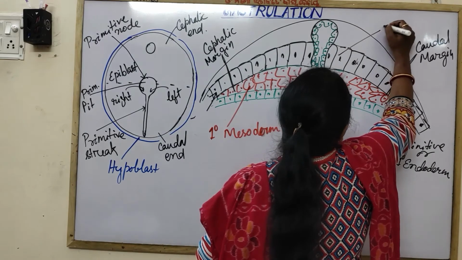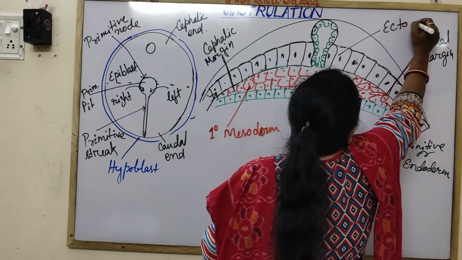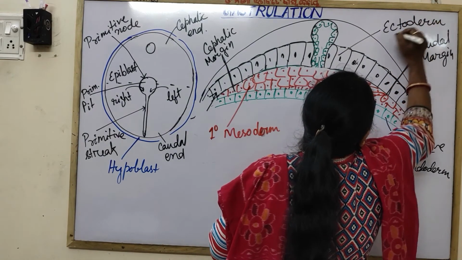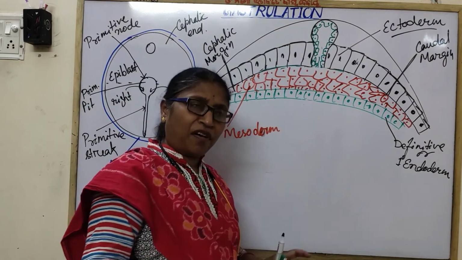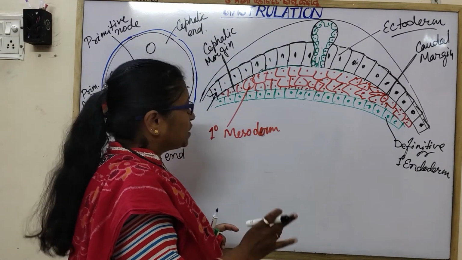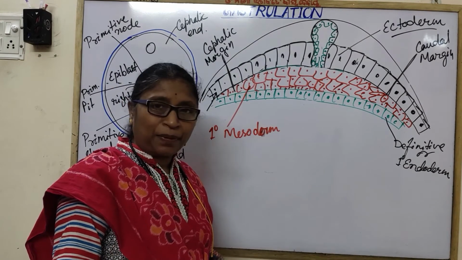Friends, these three germ layers, ectoderm, mesoderm and endoderm, are now established.